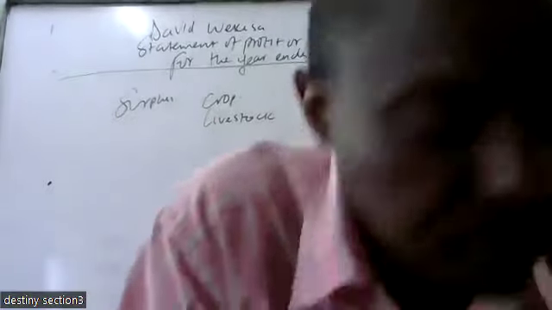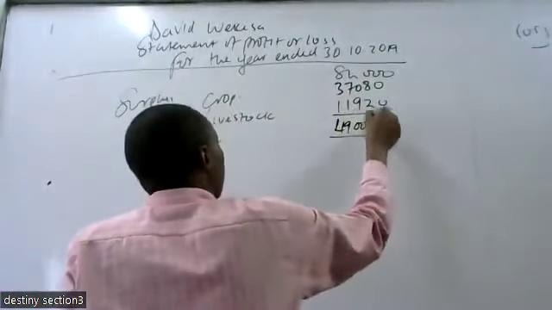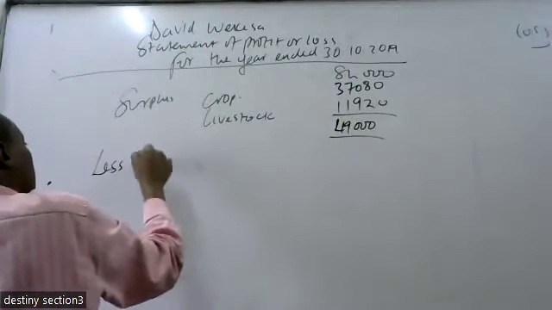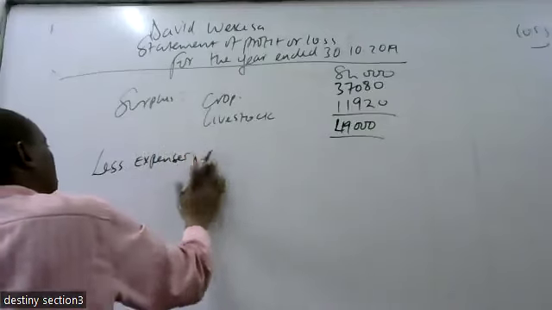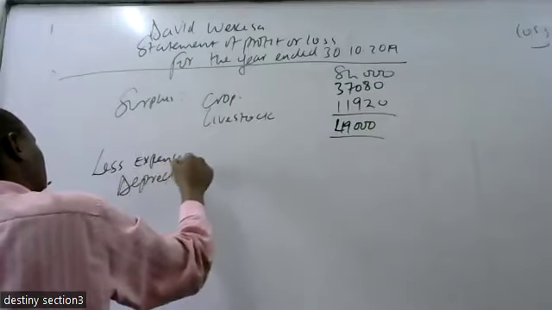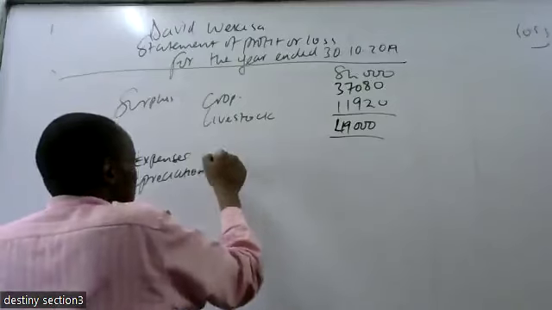49,000. Now, less expenses. We have depreciation. We have tractors.